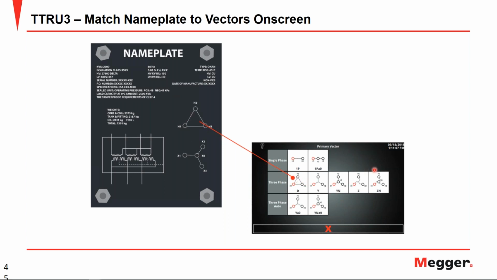Not every turns ratiometer shows the vectors on screen. Sometimes they require you to enter in, let's say DYN11, but if you're entering in the letters and numbers DYN11 and that's not available on the physical nameplate, then you're left guessing. The Ttru3 takes away any of the guesswork that you may be incorporating by just showing those vectors directly on screen.